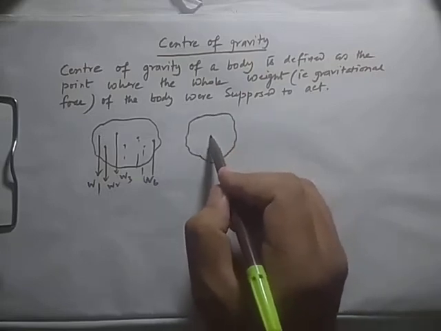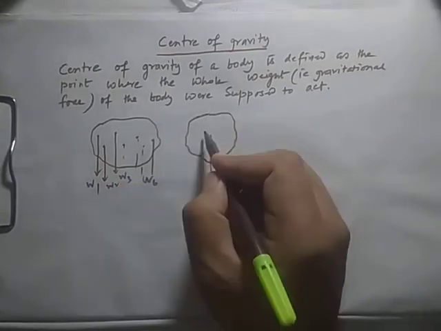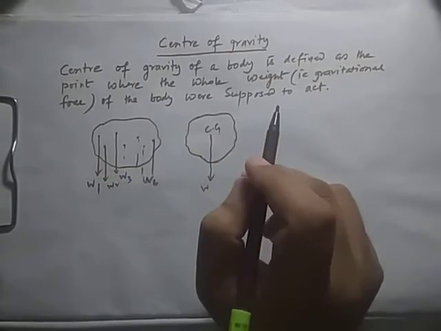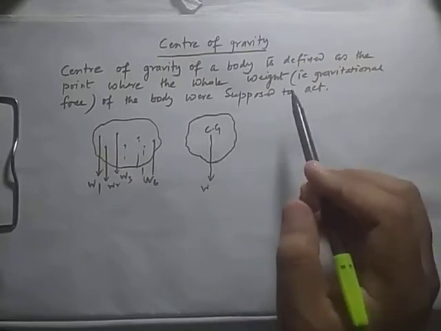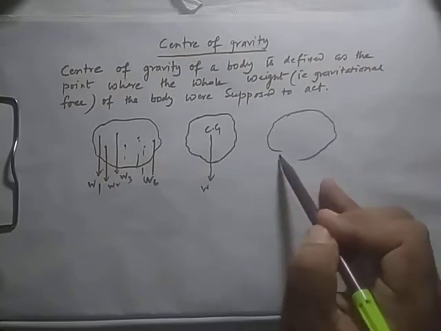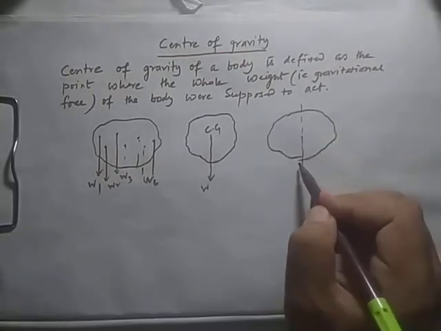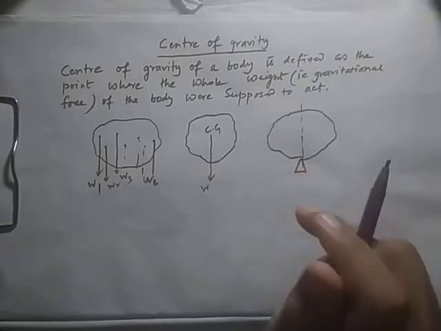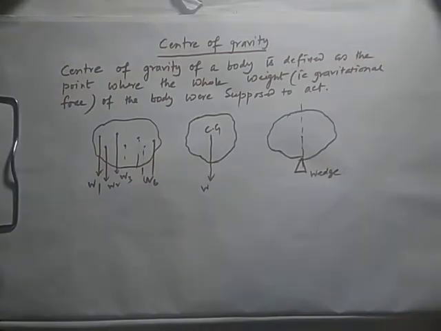This is called the center of gravity. This point is known as the center of gravity. In the case of center of gravity, you can balance the object like this, along this line, the CG, on this wedge.